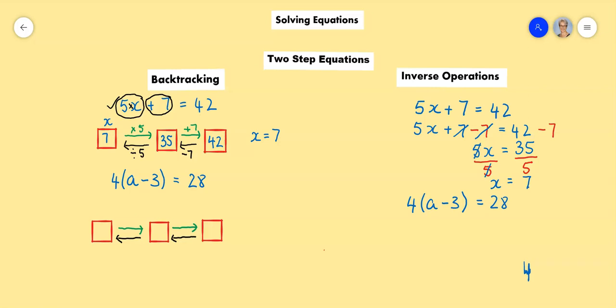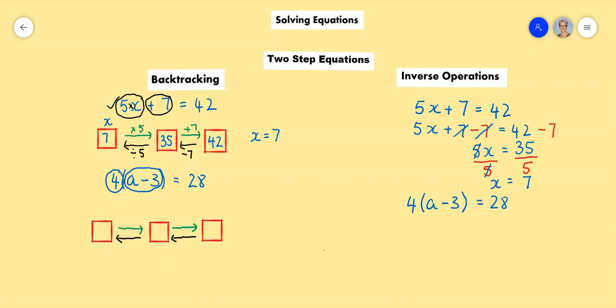Okay, so now let's look at our second equation that we've got over here. 4 times (a minus 3) is equal to 28. Now, the first thing that is happening to our unknown number is inside the bracket we are minusing 3, and then outside the bracket this 4 means times by 4.